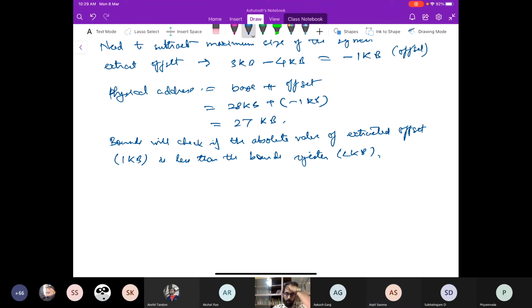Yes, there will be ways to grow the stack, and I'll come to that. This is the job of the OS. Right now I'm just discussing the hardware part. Of course the stack and heap can grow, and the bounds register will usually contain just the current size. Okay, I'll come to that in a moment.